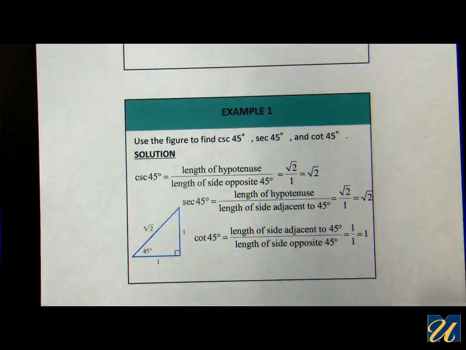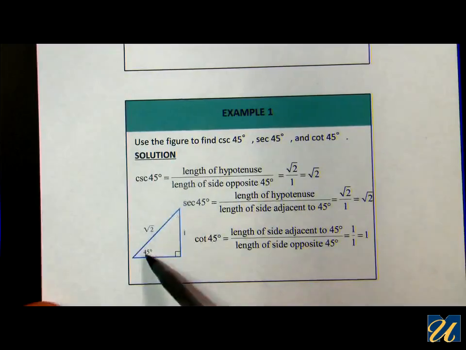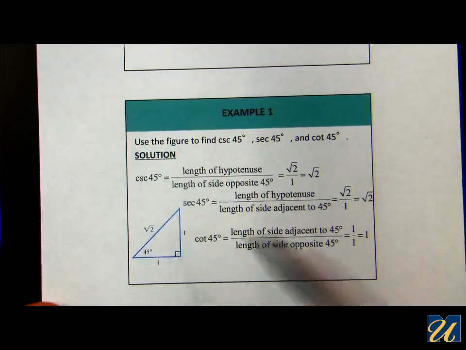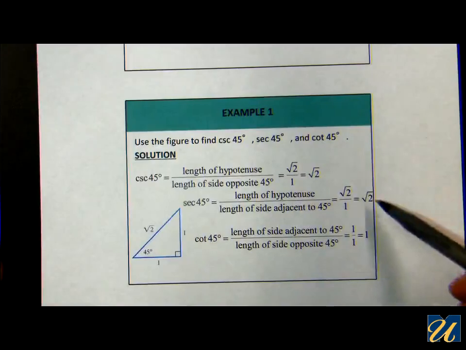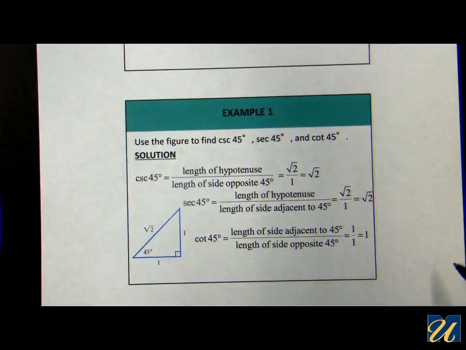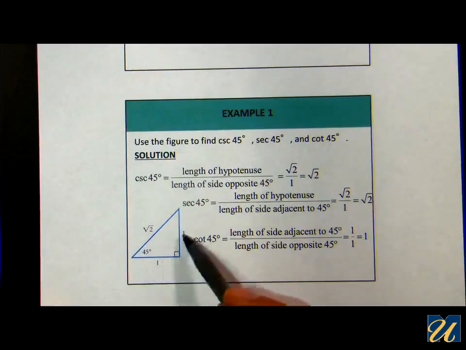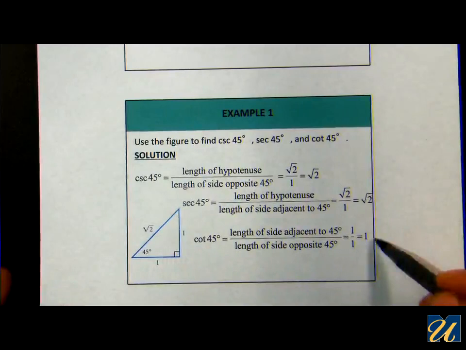The secant of 45 degrees is defined to be the hypotenuse divided by the adjacent. And again, it doesn't matter which angle you look at because the lengths of the sides are the same. So you'll get root 2 either way. And the cotangent would be a ratio of 1 since that involves the adjacent and the opposite length divided. So 1 divided by 1 is 1.